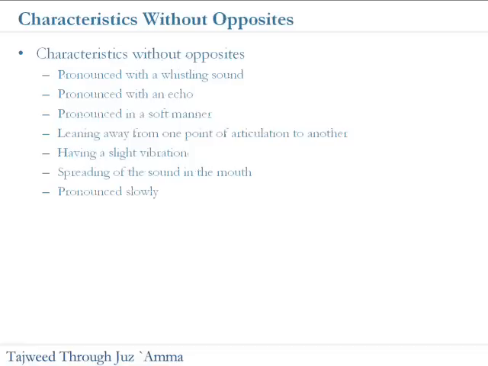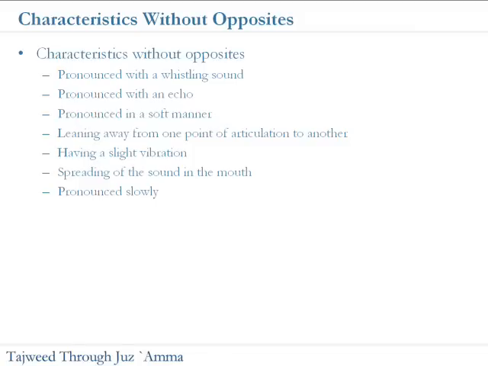Now, characteristics which don't have opposites are letters which are pronounced with a whistling sound, letters which are pronounced with an echo sound, and again we'll have a separate lesson on the echo sound, and letters pronounced in a soft manner, which are the soft consonants that we cover in the lesson on soft consonants.